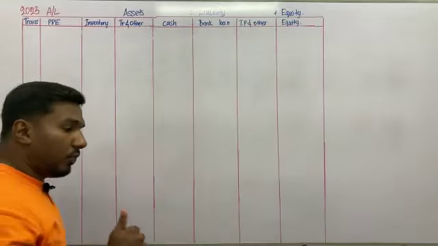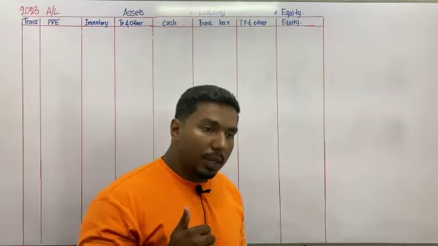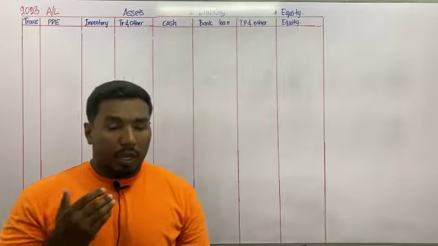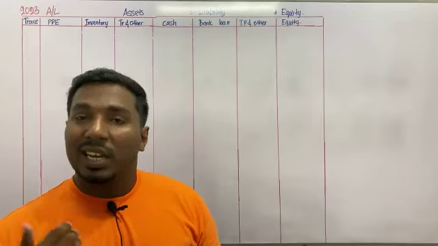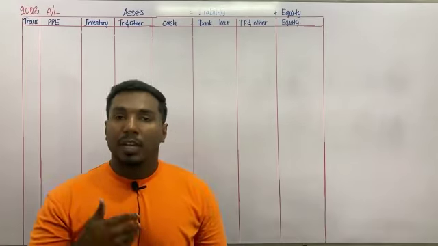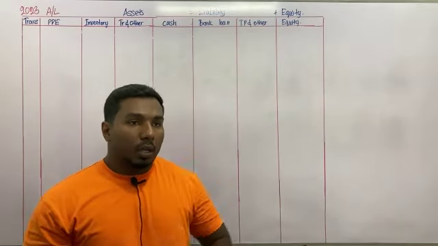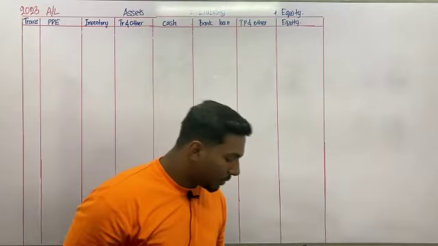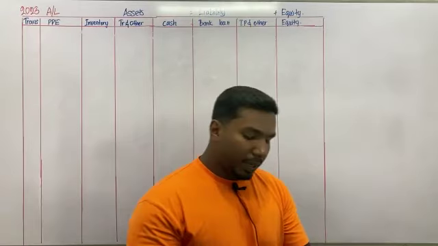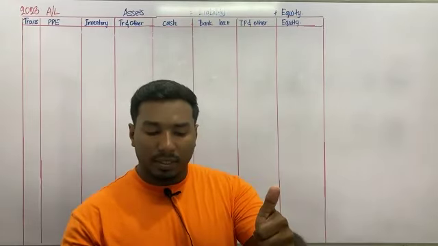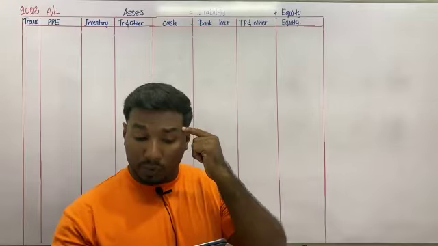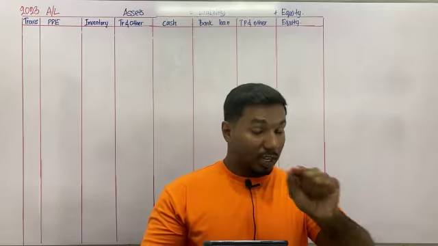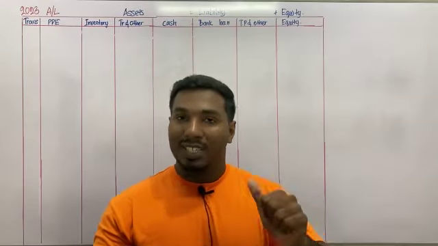First of all, what we have to do in the term exam or in the final exam, if you have a question like this, an accounting equation question, first you have to read the required part. In the required part, they are asking: record the balances first for 2023 and show the impact of transactions 1 to 15 with values using the accounting equation.